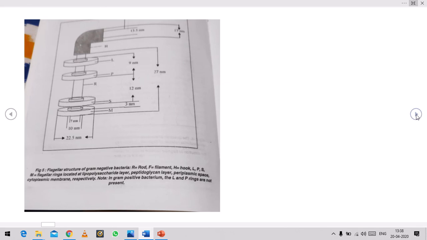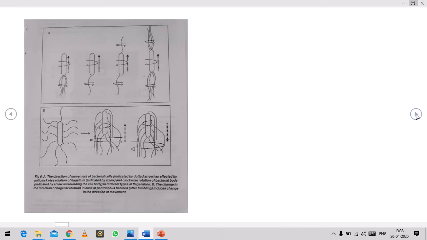Now I was talking about the flagellar movement, the complete structure of the bacterial flagella. This is another very important aspect you all have to understand. The direction of movement of bacterial cells is indicated by the dotted arrow, as affected by the anti-clockwise rotation of the flagellum indicated by the arrow, and the clockwise rotation of the bacterial body indicated by arrows surrounding the cell body.